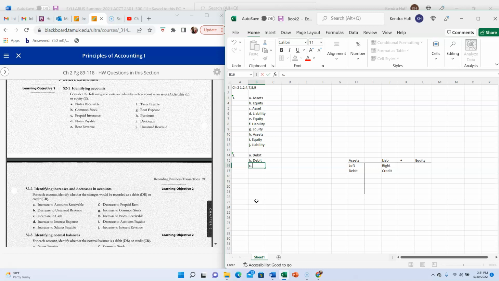Cash is an asset. You would decrease it with a credit. Increase to interest expense. Okay, now this was a little tricky because interest expense is an element of equity and it decreases equity. So you record it with a debit because that's how you decrease equity.